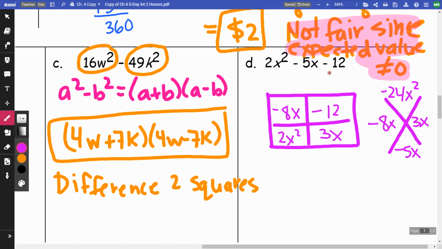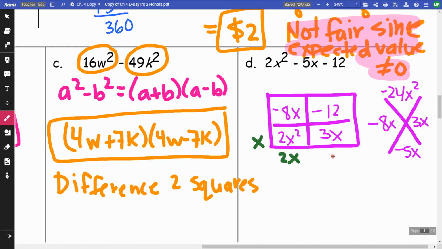Now that I've done that, my outside is going to be determined by the setup. My 2x squared is what I focus on first, and it's going to be a 2x and an x. Putting a 2x here will not help when I multiply to try to get a 3. So my 2x is going to go here to help get my negative 8. This is going to be a 2x, and this is going to be an x.